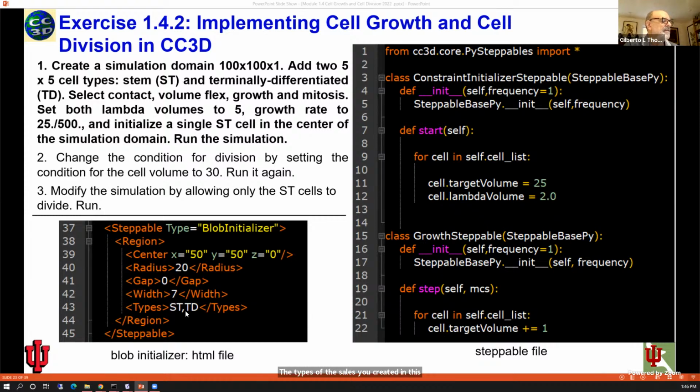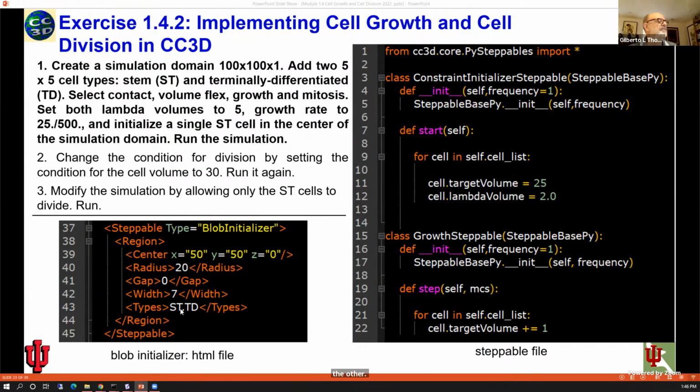The proportion, I mean, how many cells they are going to get, the initializer will write in the first step of the simulation is half and half. So if the radius accommodated 50 cells, then you probably will have 25 of each type. If you want to create more of one type than the other, you repeat the type here.